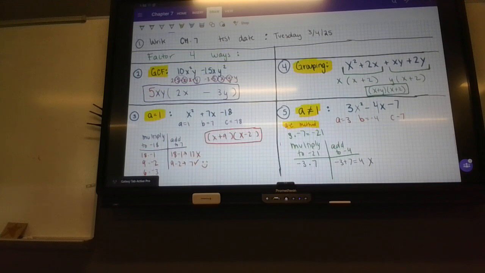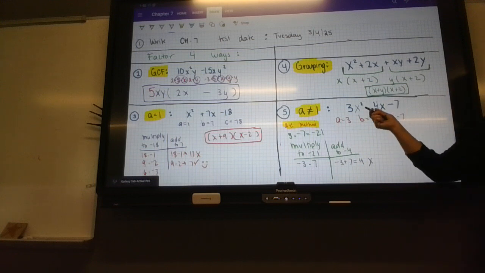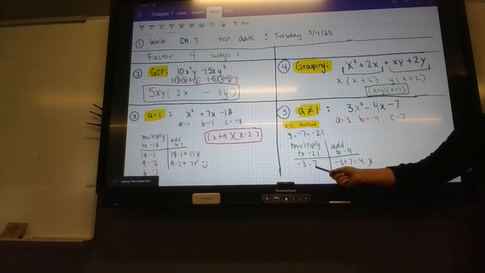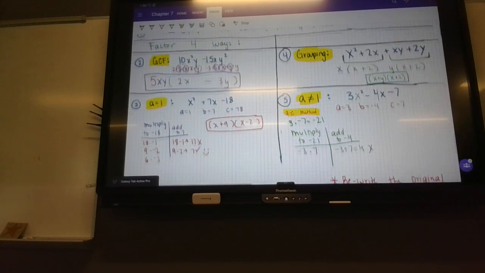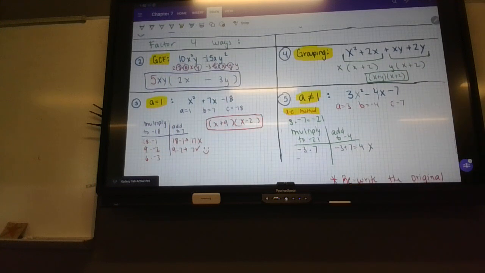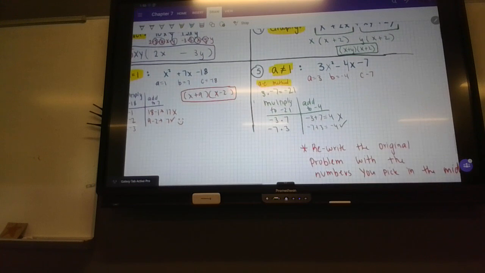Yeah, just change the negative. So whatever the sign is in the middle, make the bigger number negative. So if I need -4 instead, I'm just going to do -7, +3. Then I get the -7 and that's the number I want.